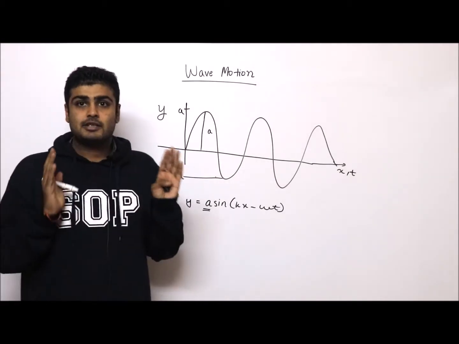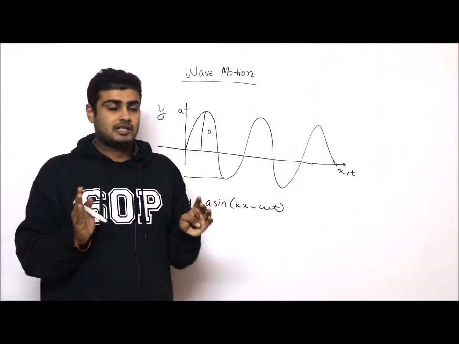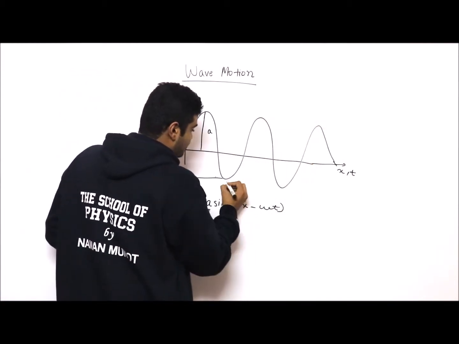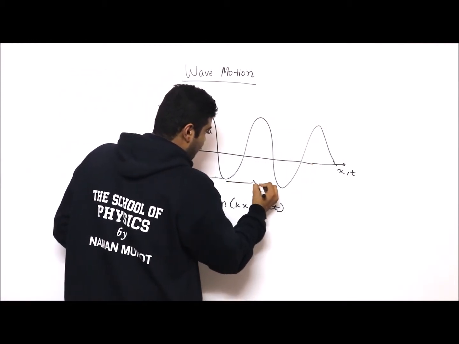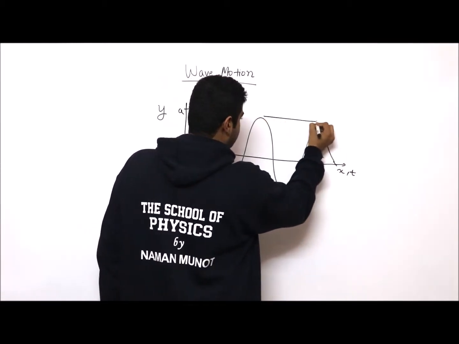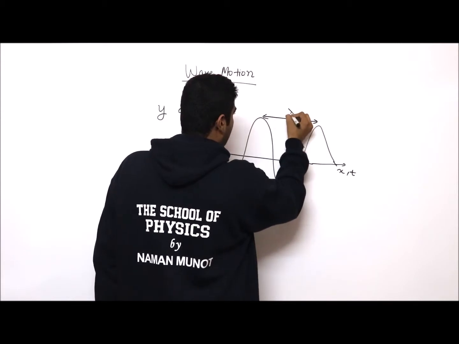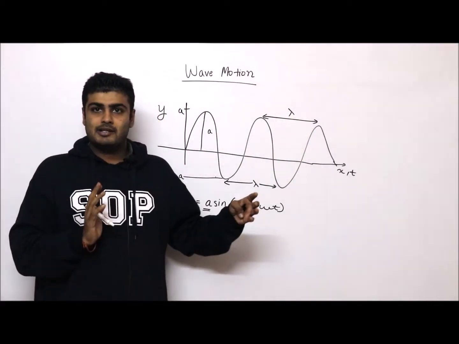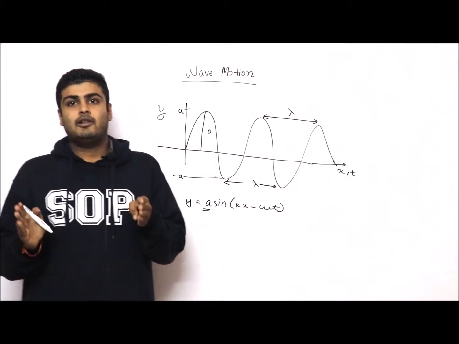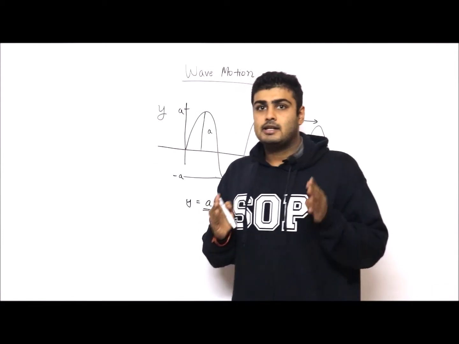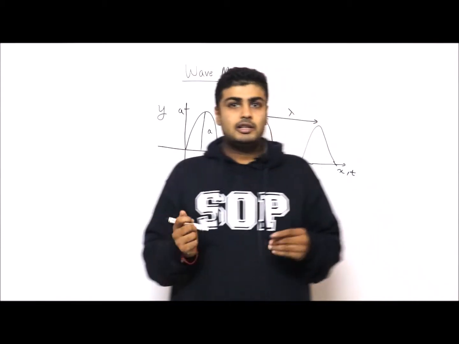Now the distance between two consecutive crests or two consecutive troughs is called lambda, the wavelength. Now how much time is required to travel lambda distance? The time required to travel lambda distance is T, the time period.